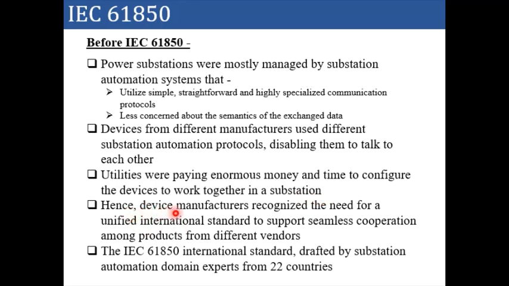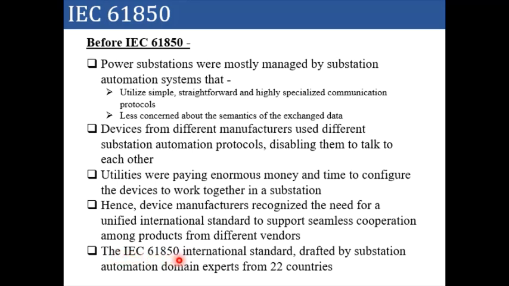Hence, the device manufacturers recognized the need for a unified international standard to support seamless cooperation among the products from different vendors. And because of this need, the IEC 61850 standard was developed.